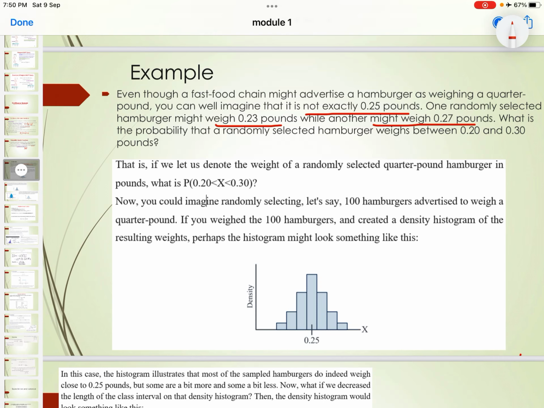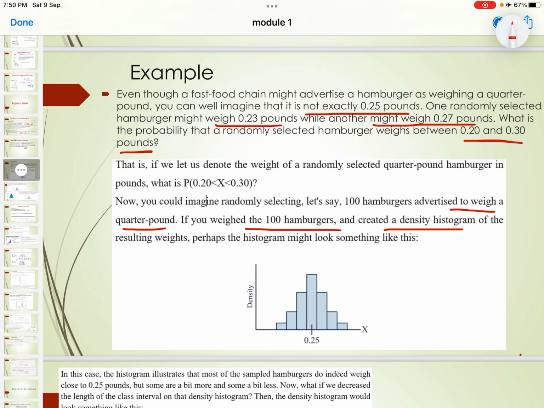What is the probability that a randomly selected hamburger weighs between 0.20 and 0.30 pounds? If we denote the weight of a randomly selected quarter pound hamburger in pounds, what is the probability that it will range between 0.20 and 0.30? Now you could imagine randomly selecting, let's say, 100 hamburgers advertised to weigh a quarter pounder.